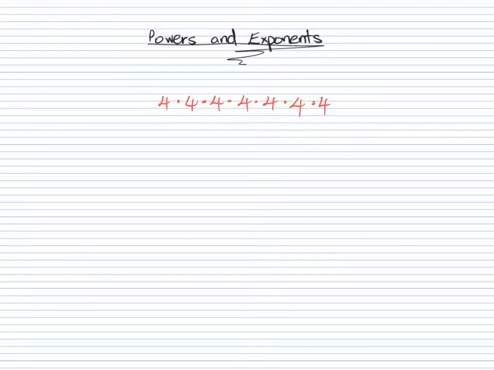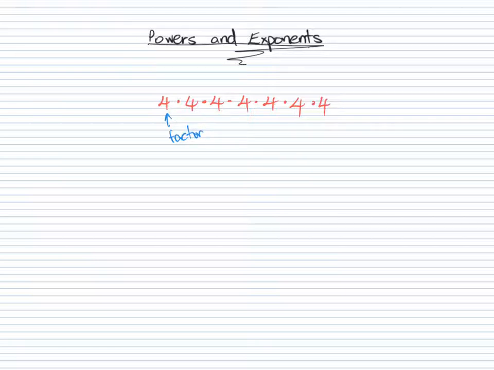So a power is the result of repeated multiplication of the same factor. In this case, the factor that we're repeatedly multiplying is the 4, and we multiplied it by itself, let's see, 1, 2, 3, 4, 5, 6, 7 times.